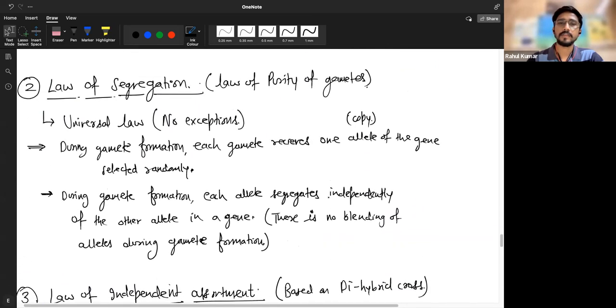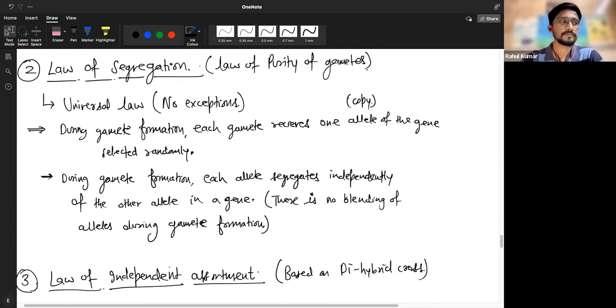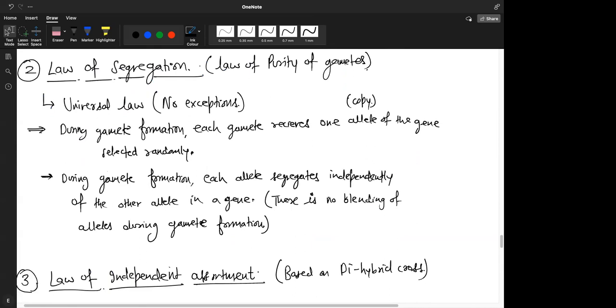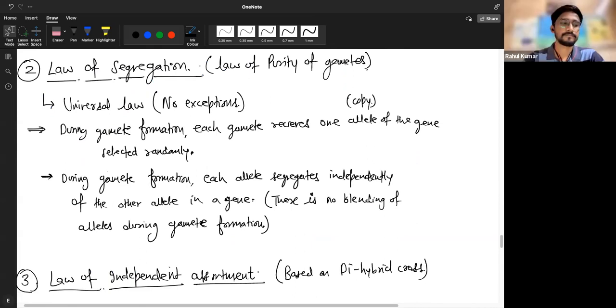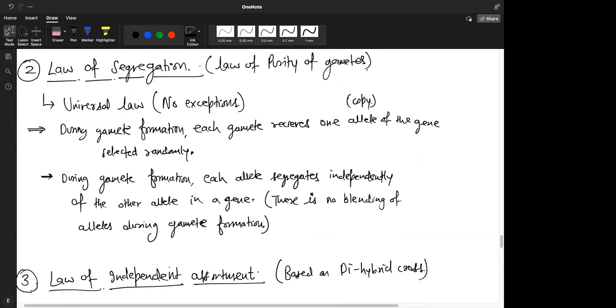Then we went to the second law, the law of segregation. According to this law, the 2 factors of each character separate out at the time of gamete formation.